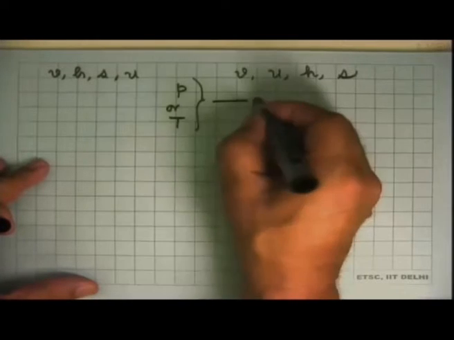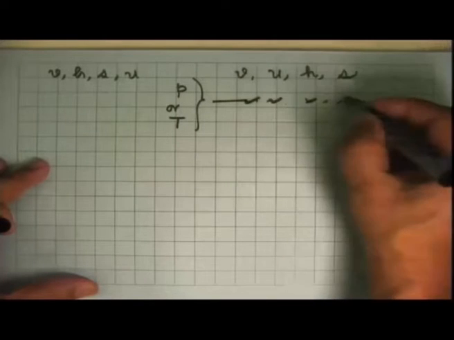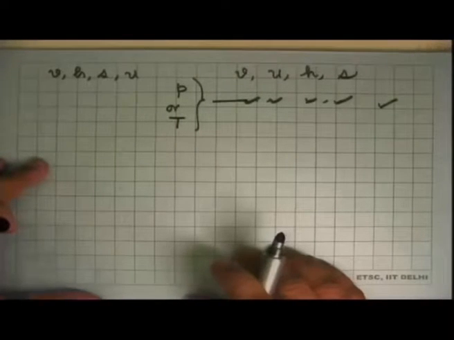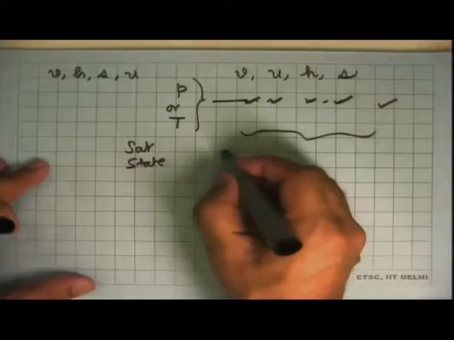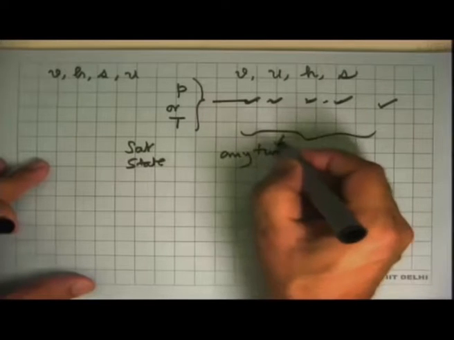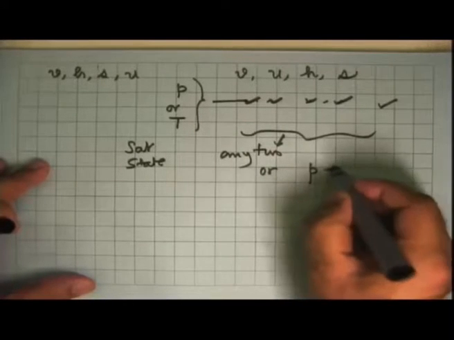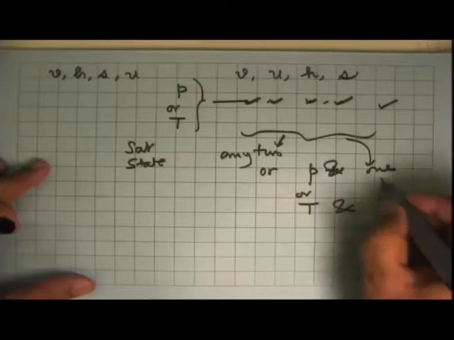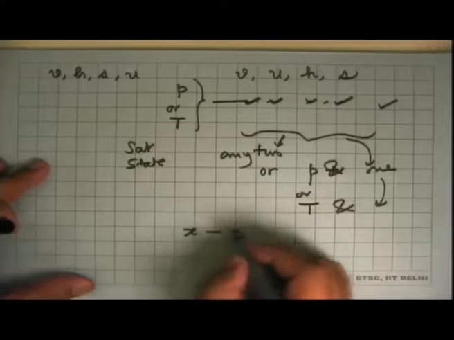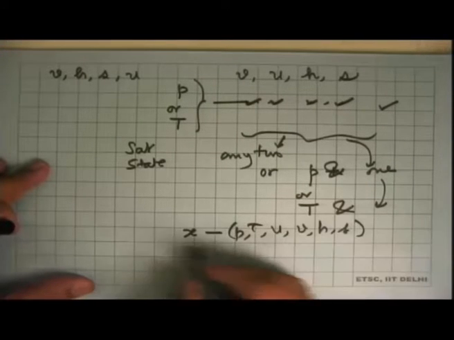But in a saturated state, it has to be either P or T and any one of these, or any of these with X. So X with any of the properties P, T, U, V, H, S will constitute two independent properties.